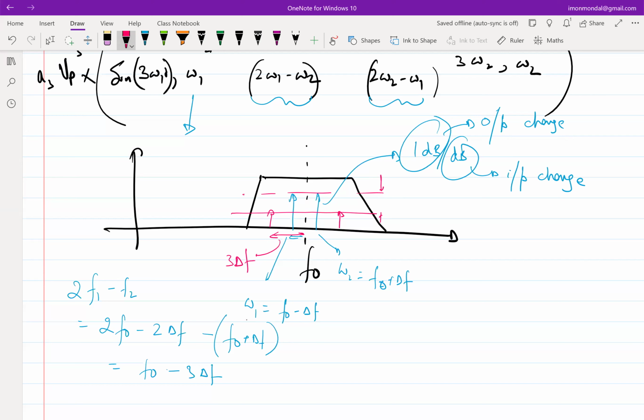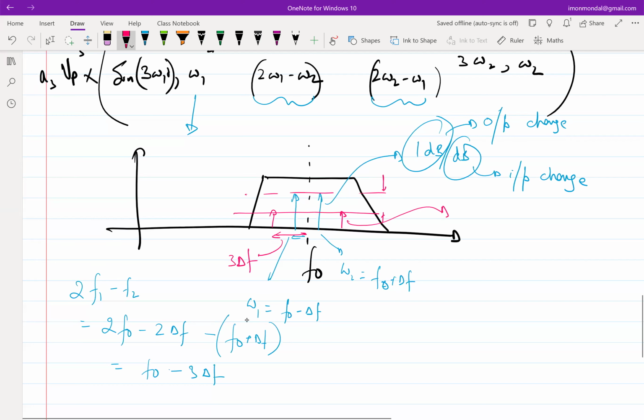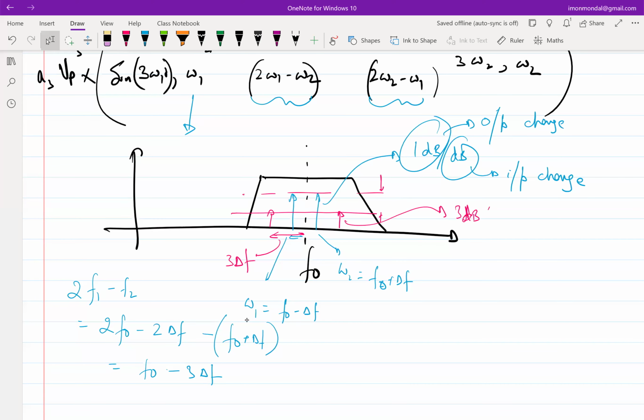But what about the red guys? If input changes by 1 dB, what will be the rate of change of the red tone? It will be 3 dB, right? Because it goes by Vp cube, right? So it will go by 3 dB. So this will be 3 dB per dB.